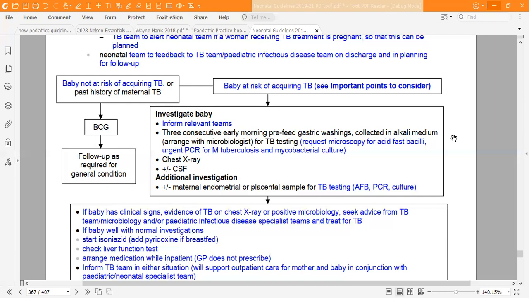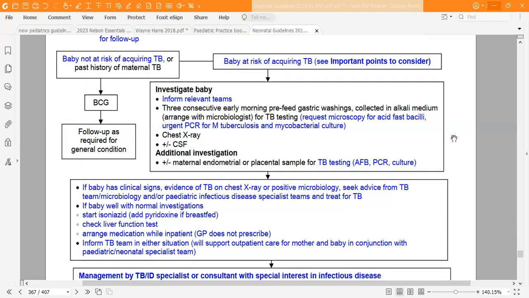I would arrange with the microbiologist for TB testing, request microscopic examination for acid-fast bacilli, PCR as well, and culture. Chest X-ray is mandatory in here, plus or minus CSF examination, plus or minus maternal endometrial or placental sampling for TB testing: AFB, PCR, and culture.